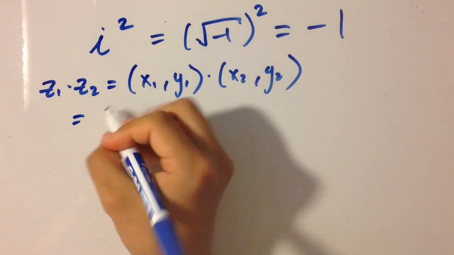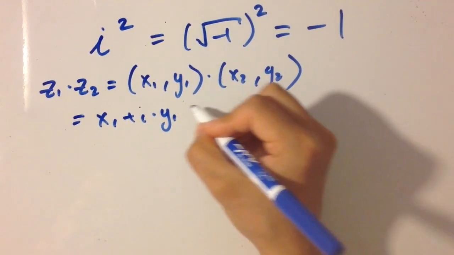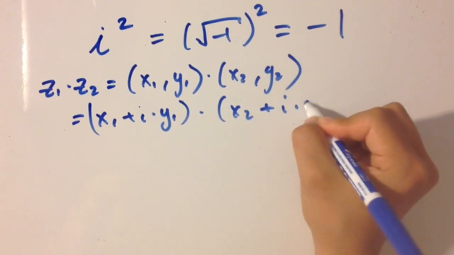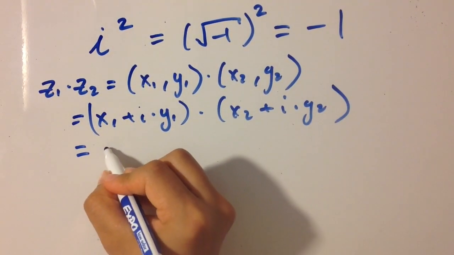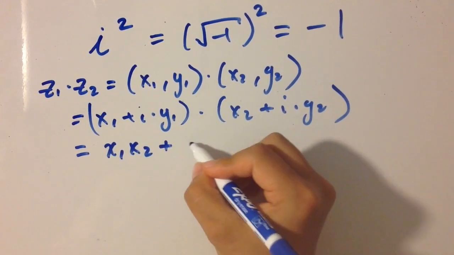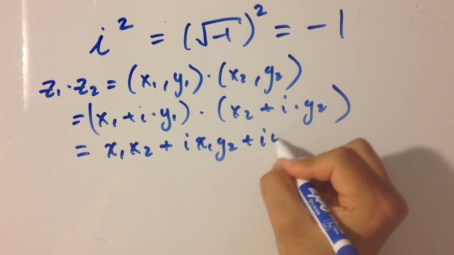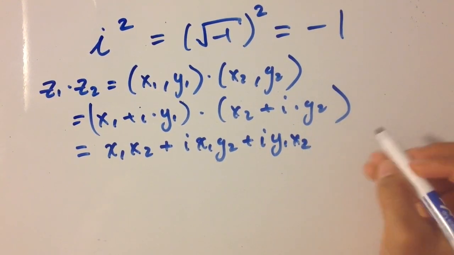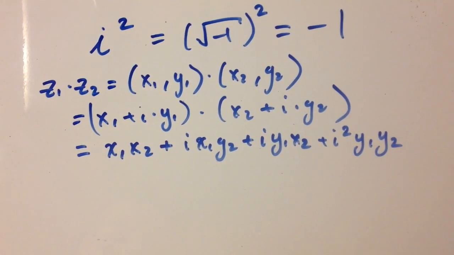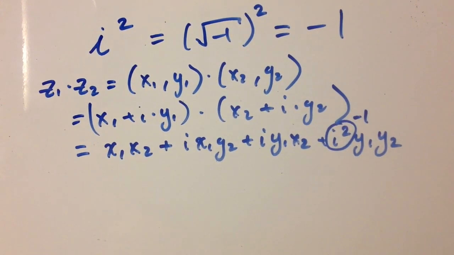Rewriting them using the imaginary number, we have x1 plus i times y1, all multiplied by x2 plus i times y2. Multiplying everything out, we get x1 x2 plus i x1 y2 plus i y1 x2 plus i squared y1 y2. Note that i squared is just minus 1.